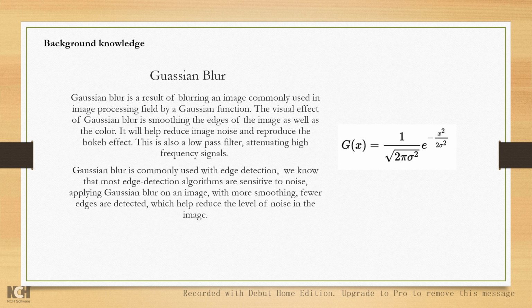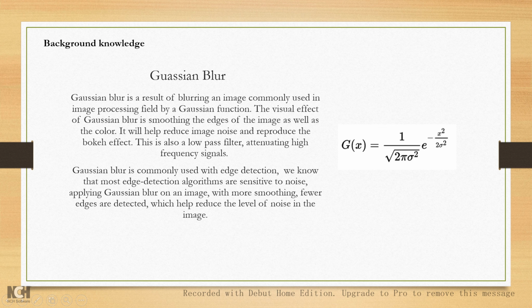So the next term is Gaussian blur. Gaussian blur is the result of blurring an image by a Gaussian function, commonly used in the image processing field. The visual effect of Gaussian blur is smoothing the edges of the image as well as the color. It will help reduce image noise and reproduce the Bokeh effect.